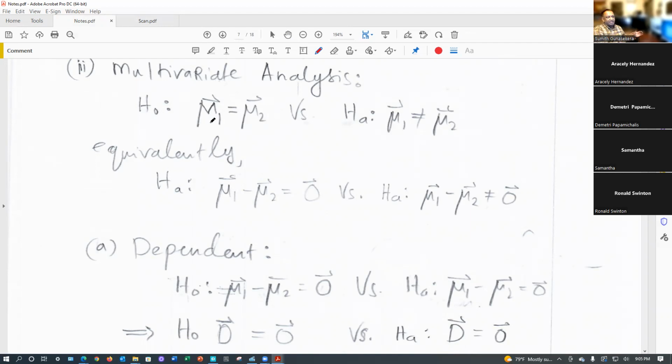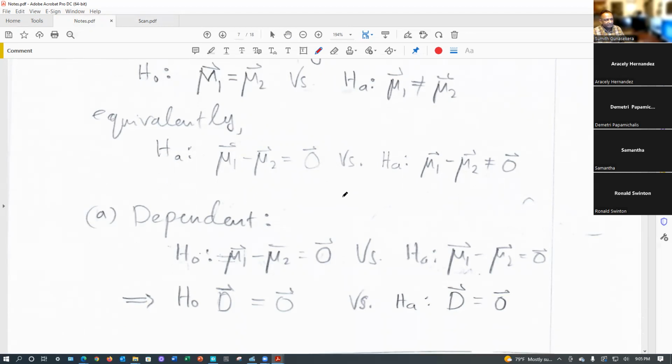Females have all the information: GPA, test 1, test 2, test 3, test 4. Then males: test 1, test 2, test 3, test 4. We're going to compare the same tests and see whether they have the same averages or not. Or equivalently, you can write it this way, the same thing.